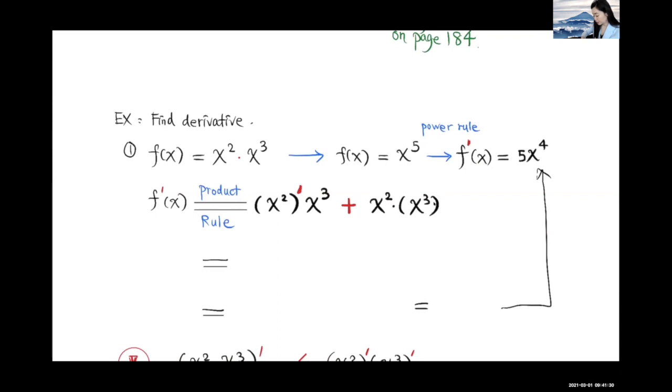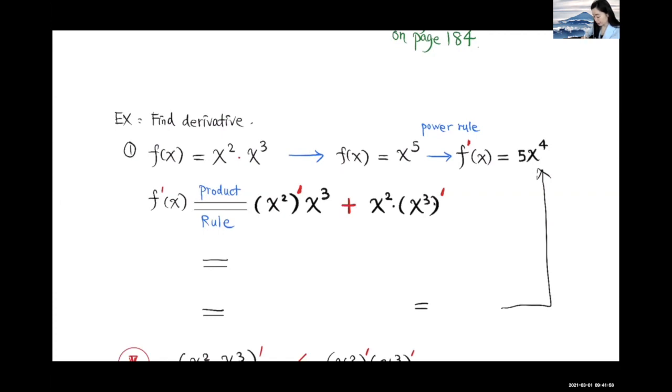So it's like they take turns to differentiate. I like to keep it this way: I differentiate the first function times the second, plus the first function times the derivative of the second function. Now the derivative of x squared, you can speak up if you know the answer. That is 2x.